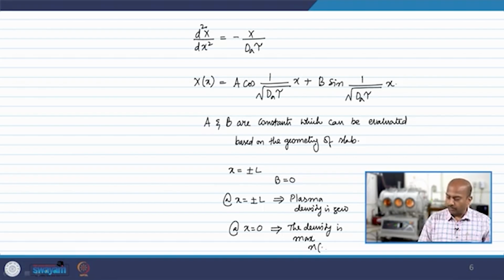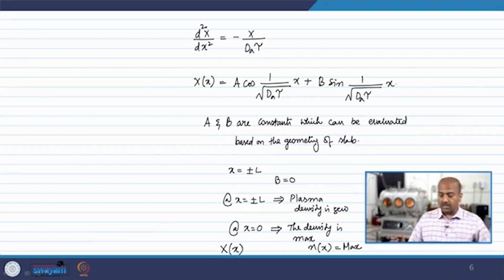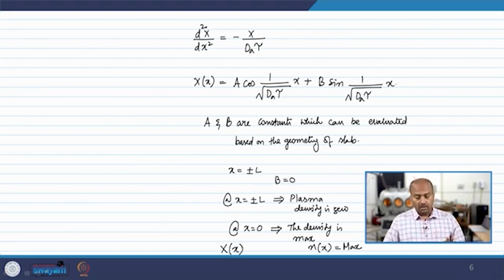So, n of x is max, but you are not calling it n of x; you have given a specific name to that, capital X of x, which is actually the number density, the number of charged particles per unit volume as a function of x only.